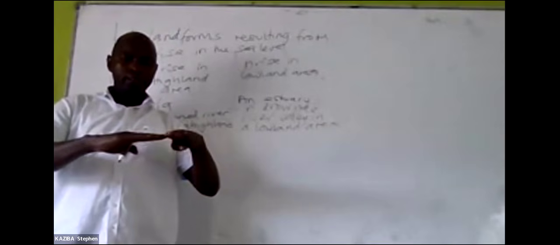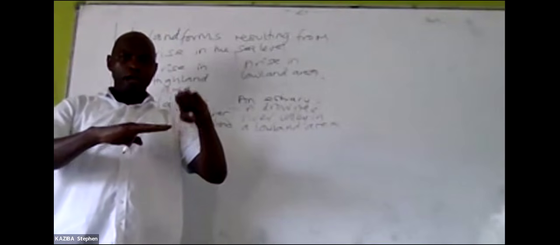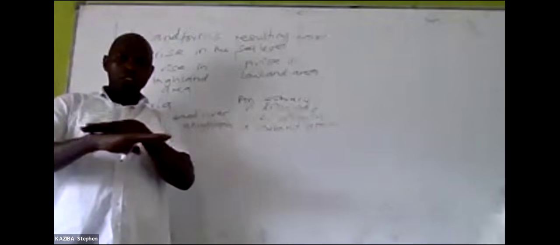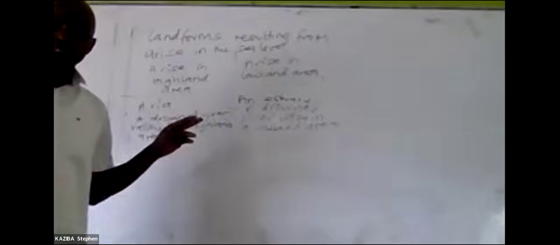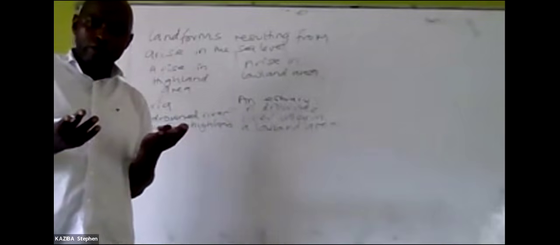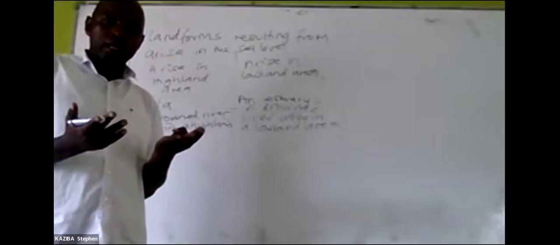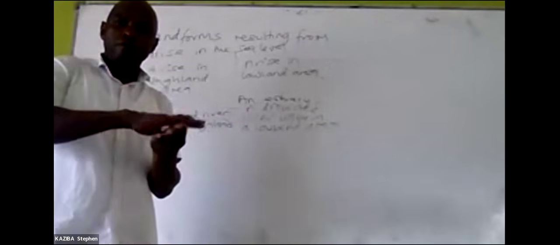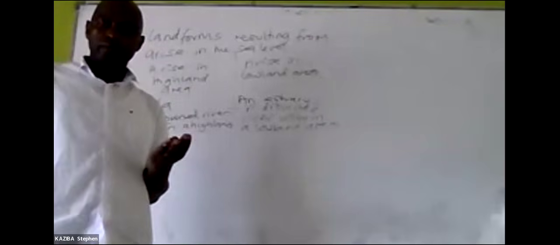So this is where you have a river entering the sea. Then what happens? The sea level rises. Then the water enters the mouth of the river. So when you explain the formation, you say a ria is formed due to a rise in the level of the sea, and it drowns the mouth of the river in a highland area.